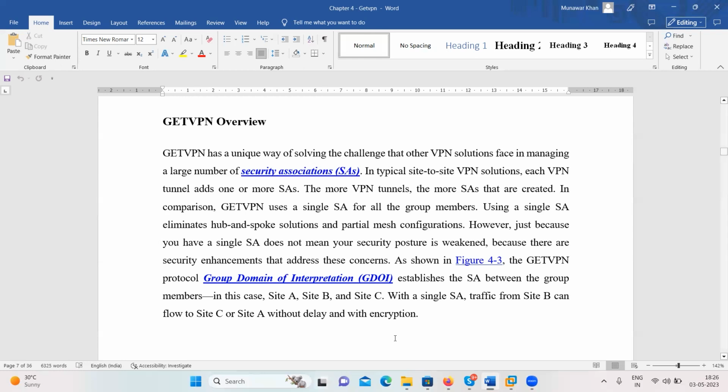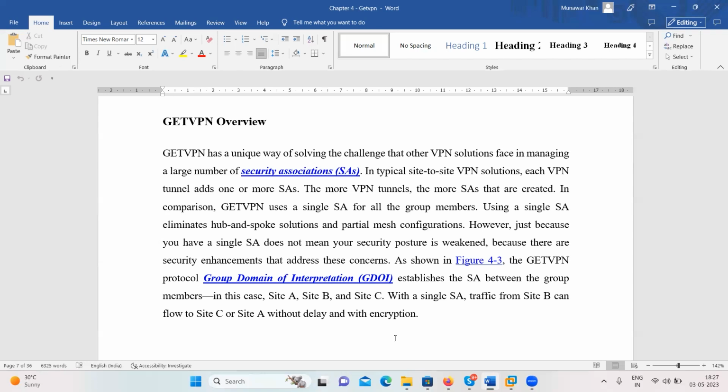Now, when we were talking about other VPNs, we had a lot of protocols like IPsec, SSL, transport layer security, NHRP (Next Hop Resolution Protocol), GRE (Generic Routing Encapsulation) or mGRE (multipoint Generic Routing Encapsulation).